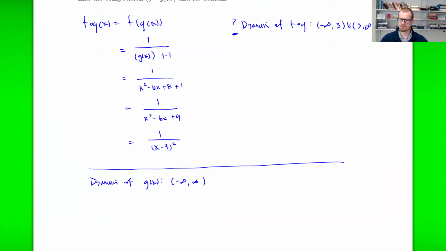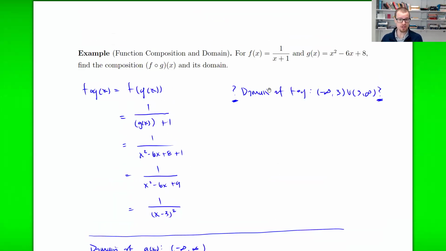Now I consider the domain of f of x. Now the domain of f of x is going to be slightly restricted because I do have the possibility of division by 0 here, because I have division. There's not a lot going on for the function f.